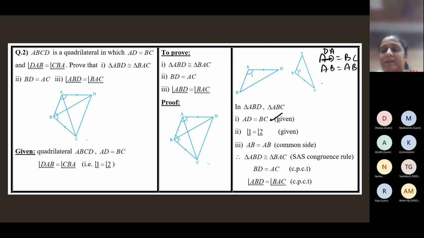So triangle DAB is congruent to, here, what is common? B. So you write this as CB and this as BA. So CBA. This is one of the ways of writing.